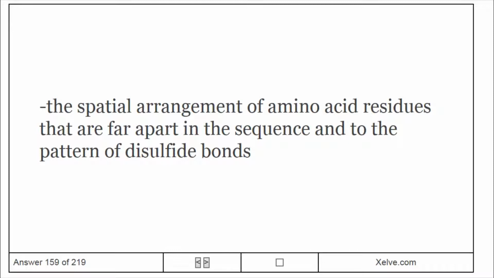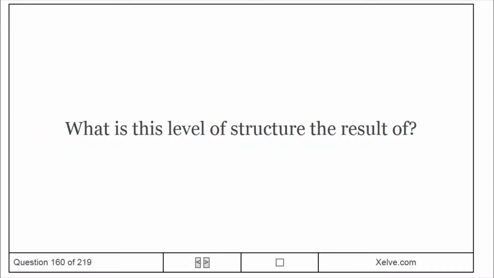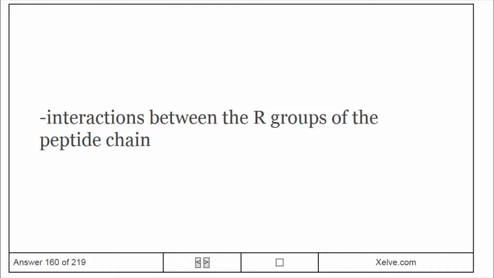The spatial arrangement of amino acid residues that are far apart in the sequence, into the pattern of disulfide bonds. What is this level of structure the result of? Interactions between the R groups of the peptide chain.